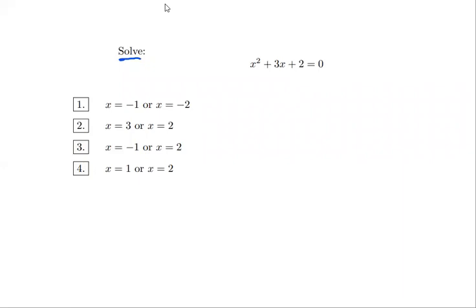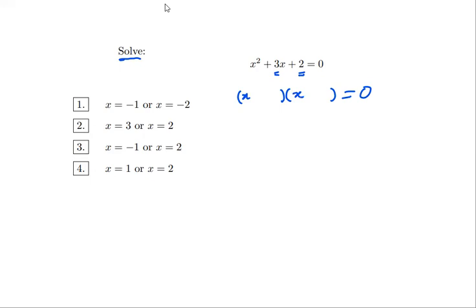So what you do in a situation like this is you have to find two factors of the number 2 that add up to 3, and so you open parentheses, close parentheses, and that's equal to 0. And you write an x here, you write an x there.